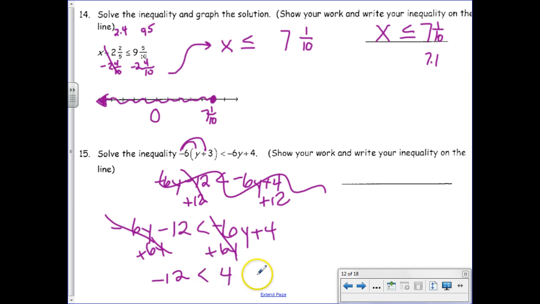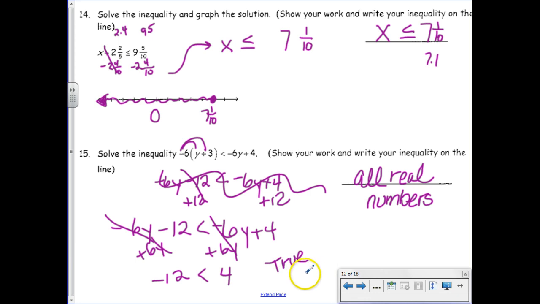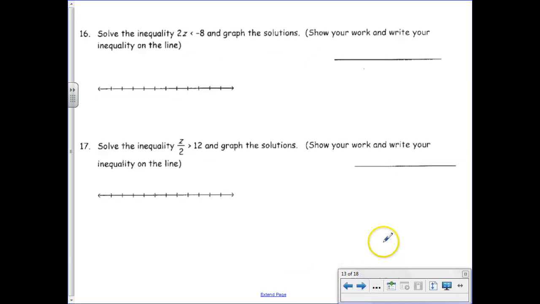Negative 12 is less than 4. Dude, no more variable. Is this true? Why, yes, it is. And if you are left with a true statement, all of your variables are gone, it simply means this. All real numbers are your solutions. No matter what you start with, it's always going to be true. If you had gotten a false statement, you'd have to say there's no solutions.